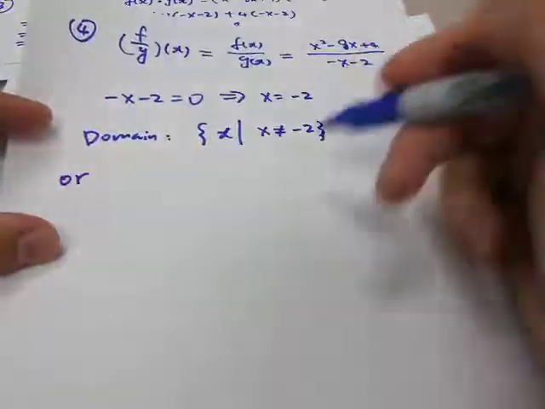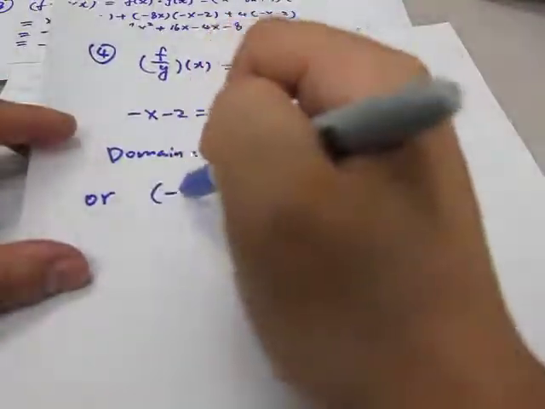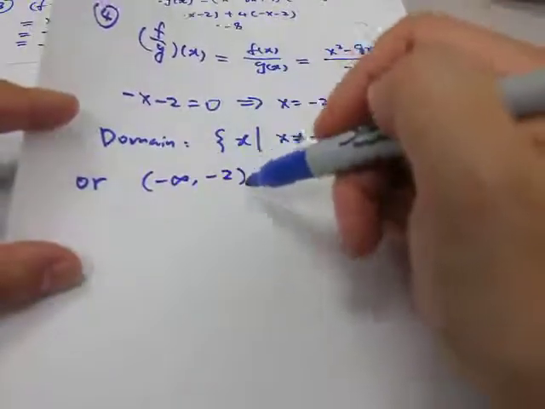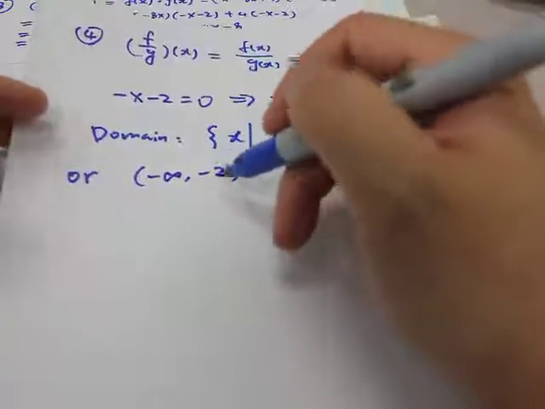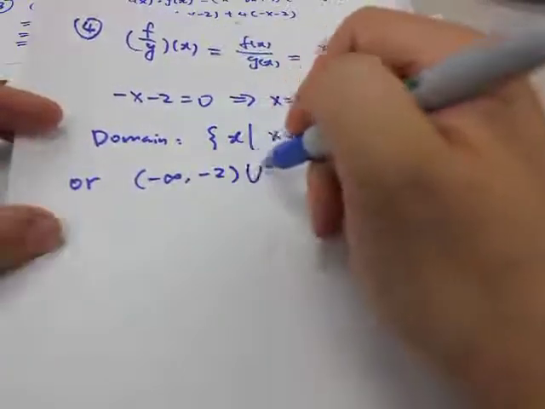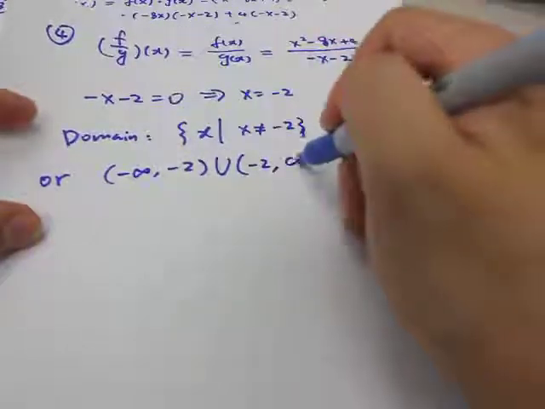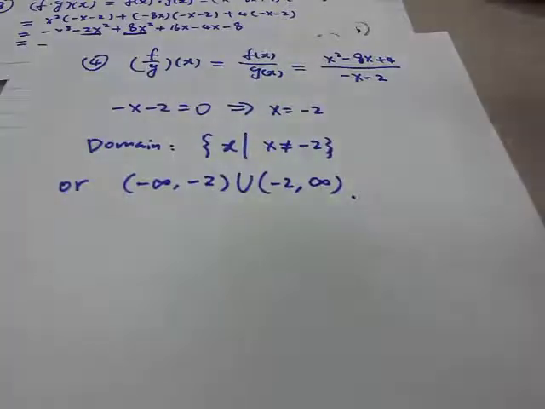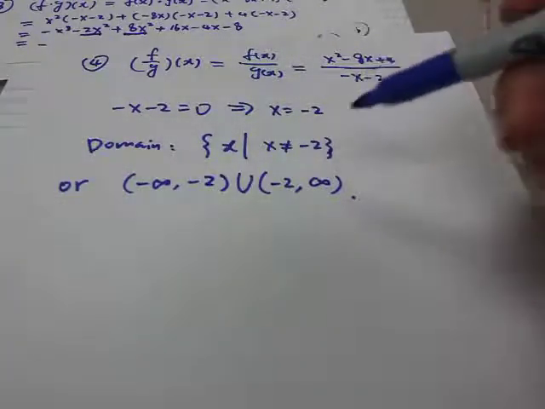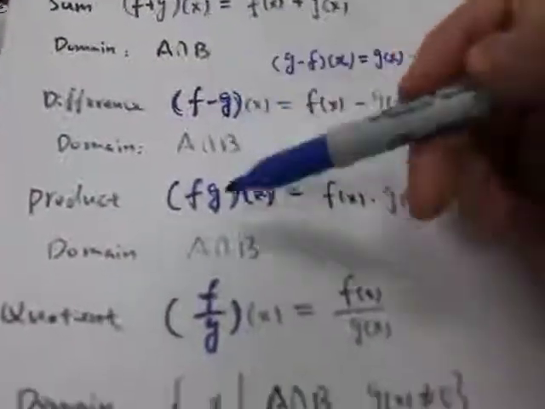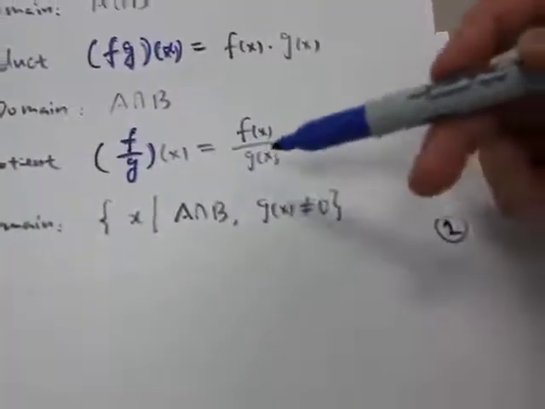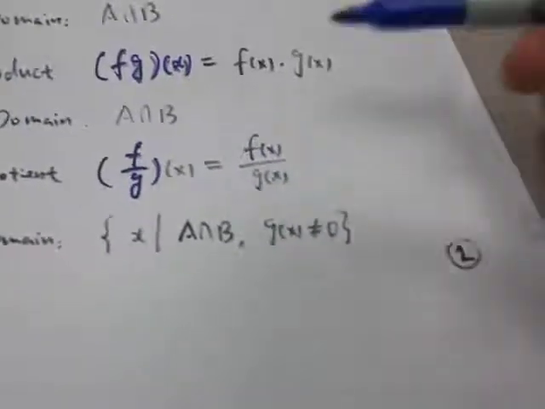Or if we use interval notation to express this, it's from negative infinity to negative 2. Now remember, here we use parentheses, so that means the negative 2 is not included. And from negative 2 to positive infinity. Okay. So this is the only difference when you are looking for the domain. The domain of the first three functions are the same. But when you consider the domain of the quotient function, you have to consider the numbers that will make g(x) be 0. Okay.